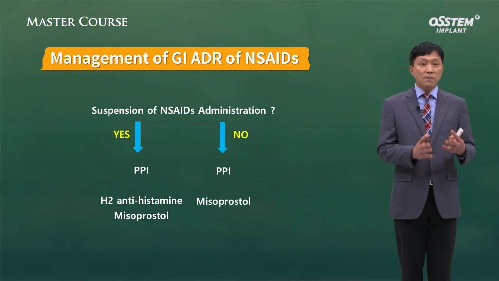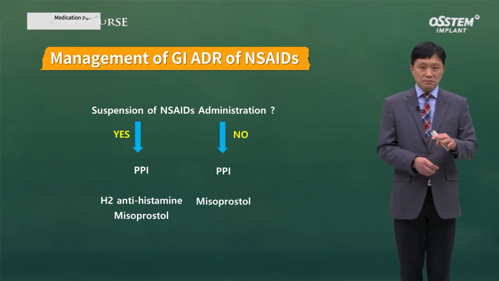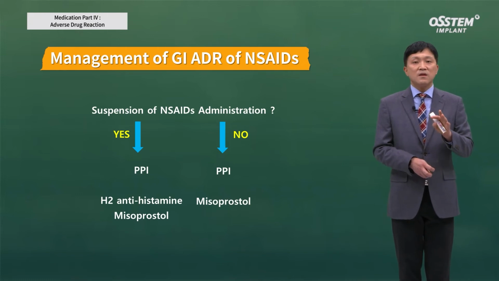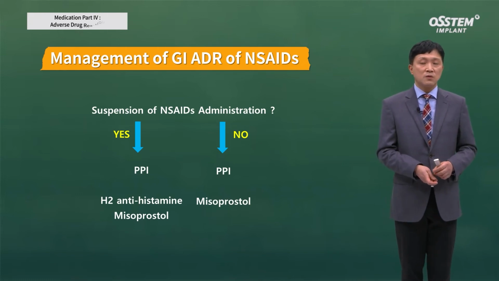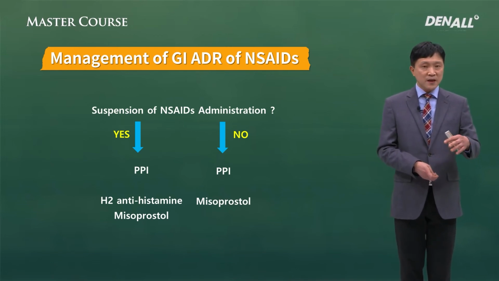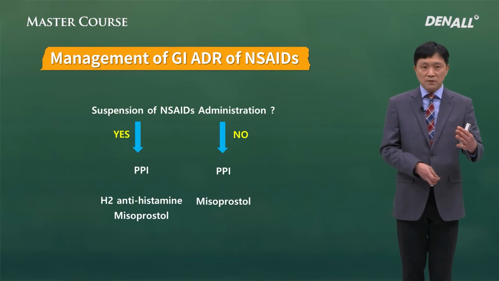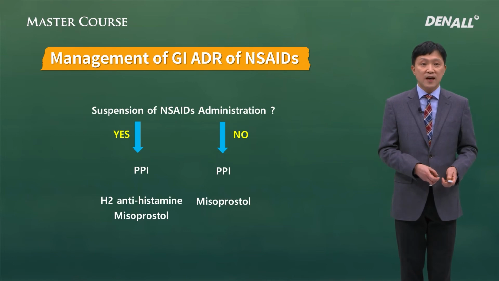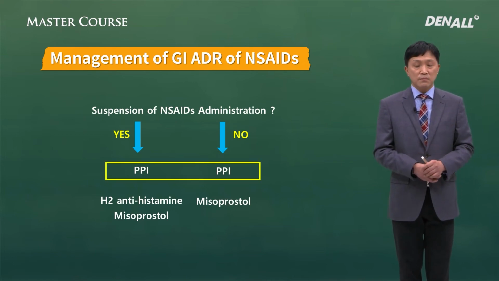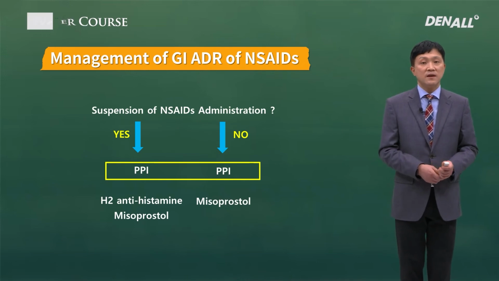If the answer is no, misoprostol can be prescribed, but a PPI should be prescribed at the same time as the NSAID. If the NSAID can be suspended, PPI and others can be prescribed. If the NSAID cannot be suspended, PPI should be prescribed.